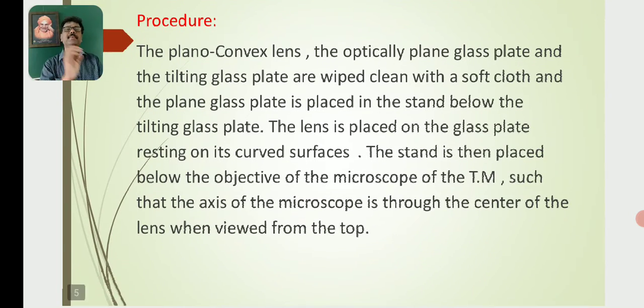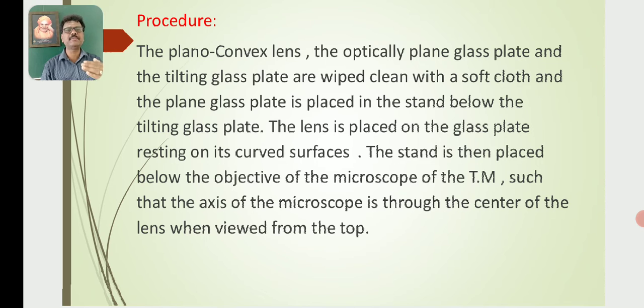Then what about the procedure? Look here. The plano-convex lens, the optically plane glass plate, and the tilting glass plate, so-called inclined glass plate or turnable glass plate, are wiped clean with a soft cloth. And the plane glass plate is placed in the stand below the tilting glass plate.